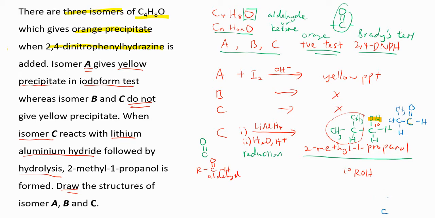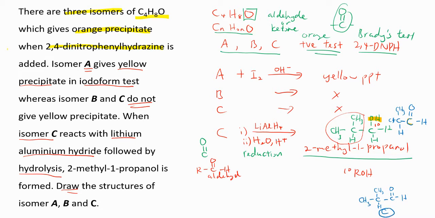So isomer C is C double bond O, H, then C, CH3, H, then CH3. So this is for isomer C.